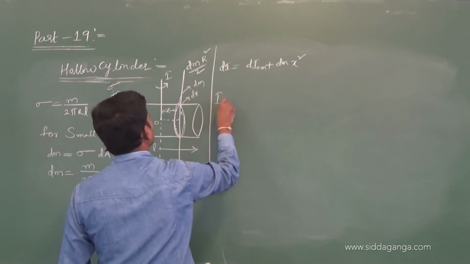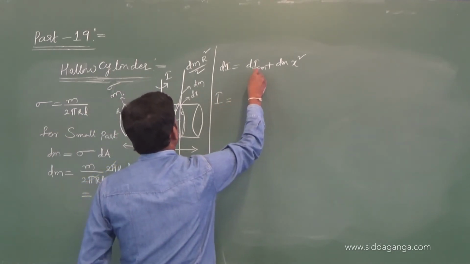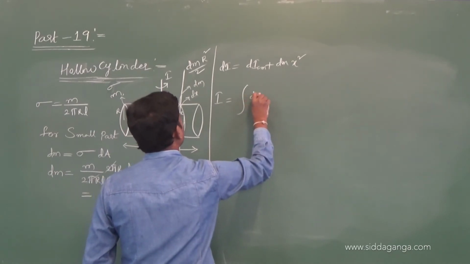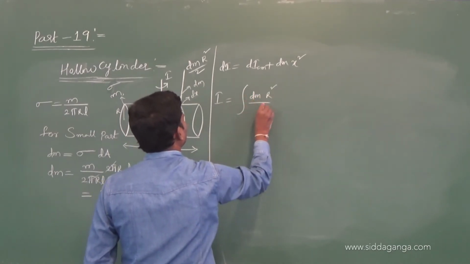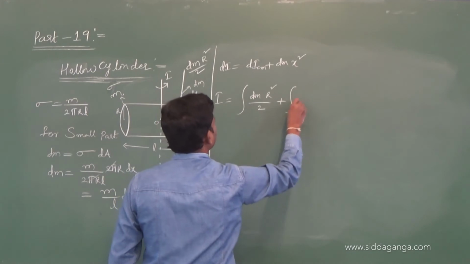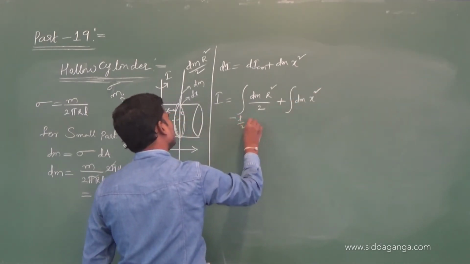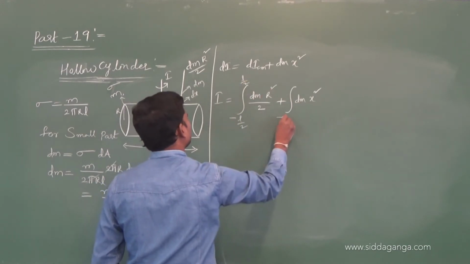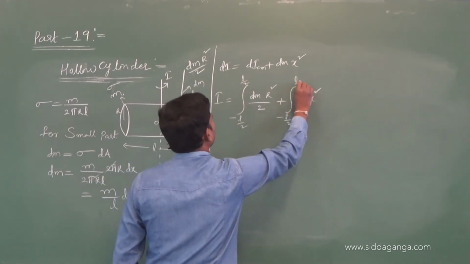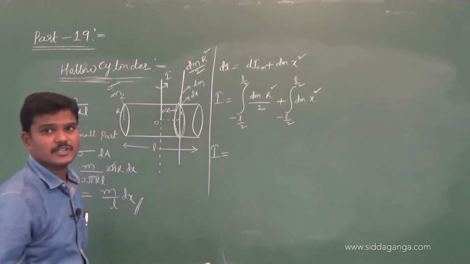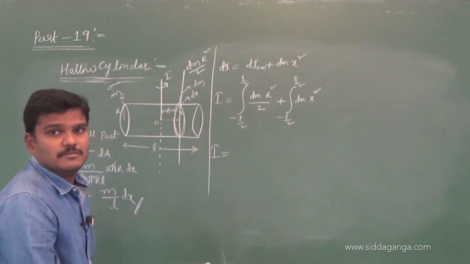After the integration, I equals the integration of dm r square by 2 plus the integration of dm into x square. So solve this one from minus L by 2 to plus L by 2 like before. Speed up this calculation, get the value, substitute dm.